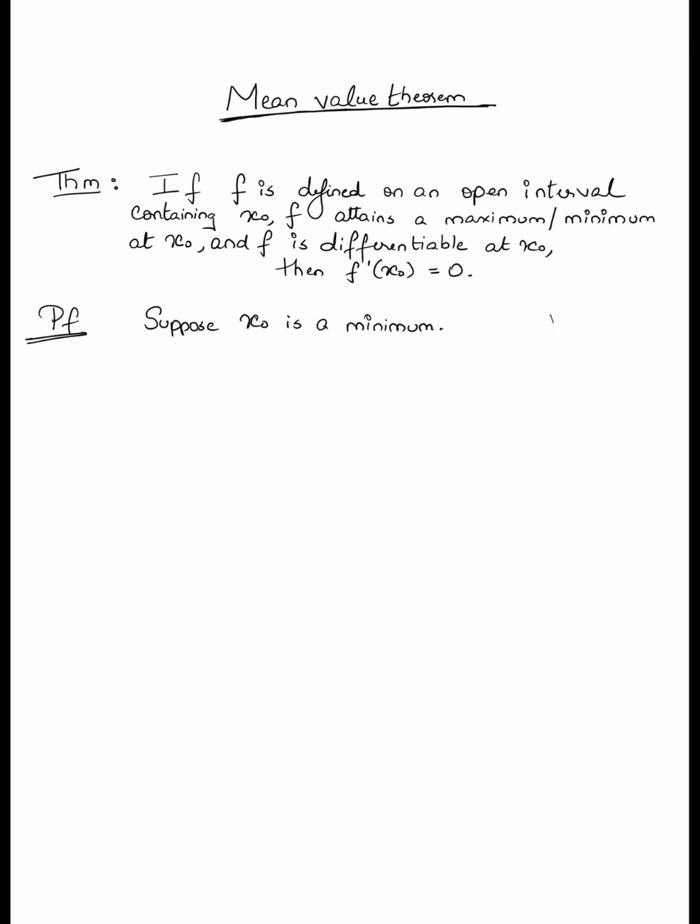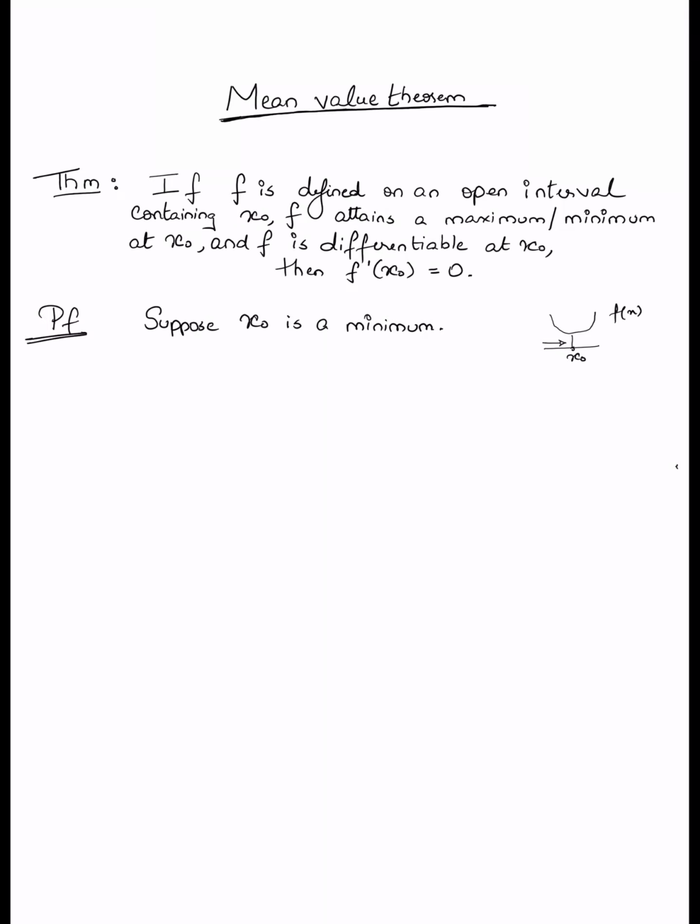So the idea is, of course, let's draw a picture. So this is what, for example, x naught would look like, and this is the function. Given that the derivative exists, we know that the limit of f of x minus f of x naught upon x minus x naught as x tends to x naught must exist. We just have to argue that that limit is necessarily 0, and the way we do that is by first constructing a sequence which converges to x naught from the left, so an increasing sequence.